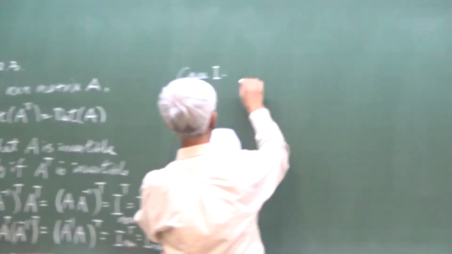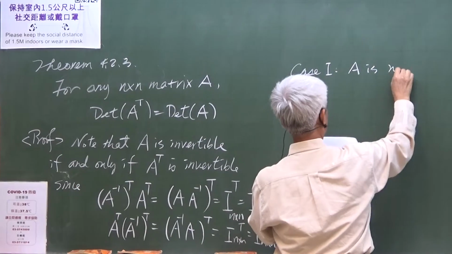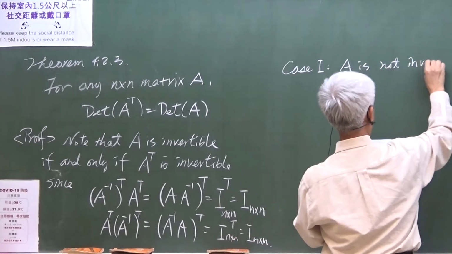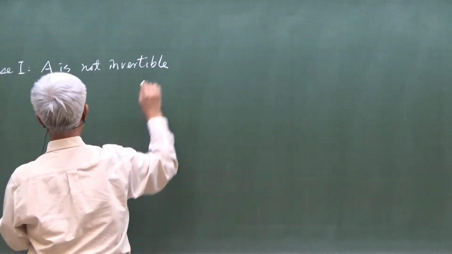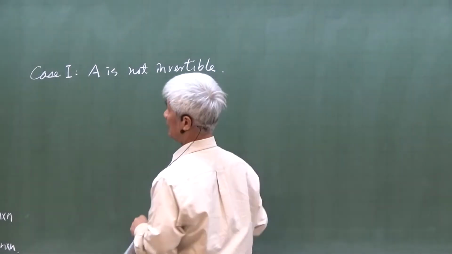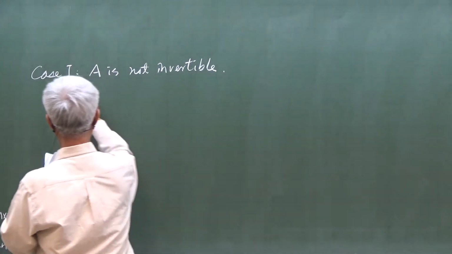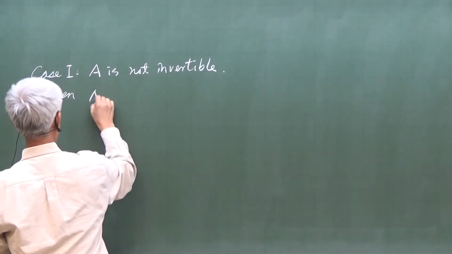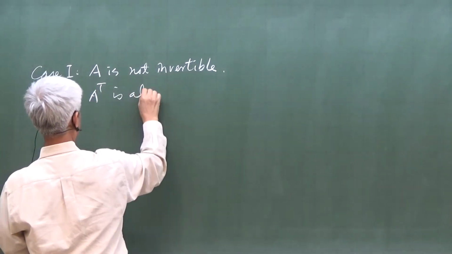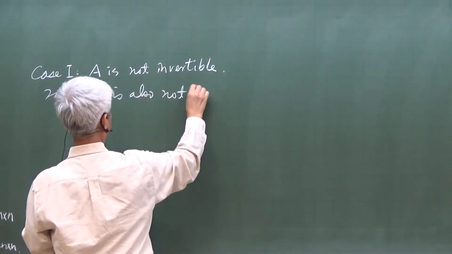First of all, A is not invertible. Now from this fact, A is not invertible, then A transpose is also not invertible.